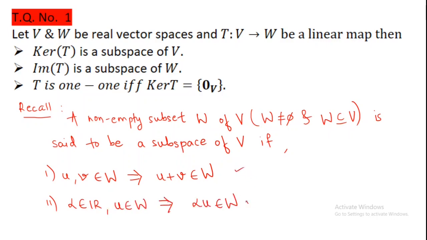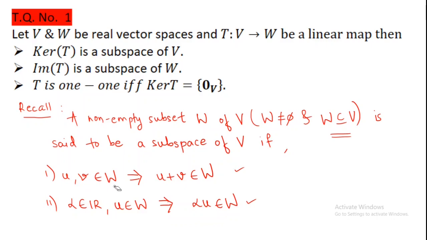So if we are able to prove these two conditions, then we will say that W is a subspace of vector space V. Now in this case we have to show that kernel of T is a subspace of V. So in order to do it, first of all we have to show kernel of T is non-empty, right? Next we will show that kernel of T is a subset of V. Next we will show that these two conditions are true.